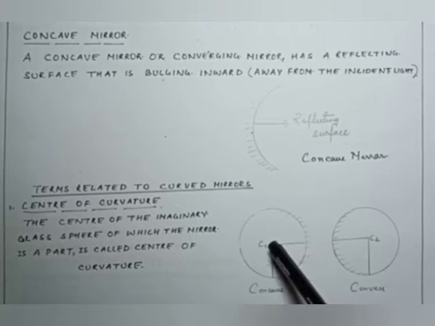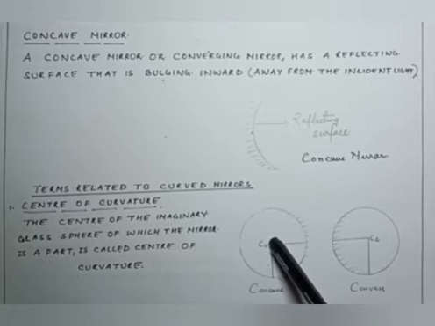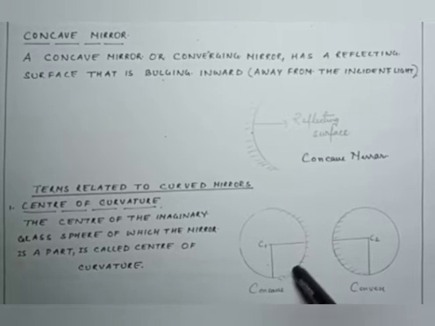Now, the central part of the sphere is called the center point. So this center point is also known as center of curvature for the sphere or the mirror, for the whole sphere or for the reflecting surface.